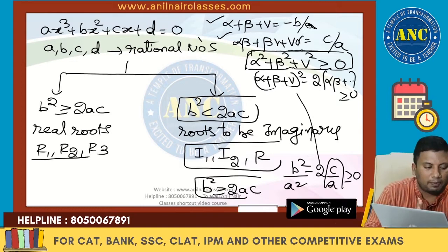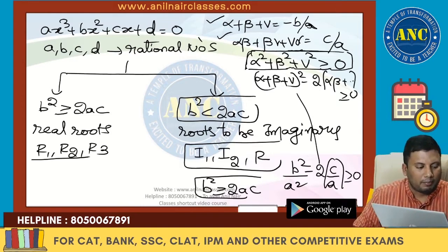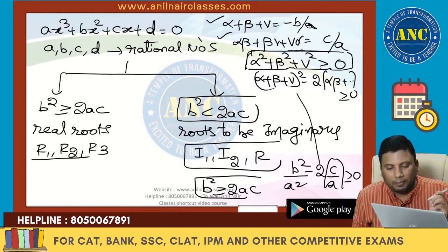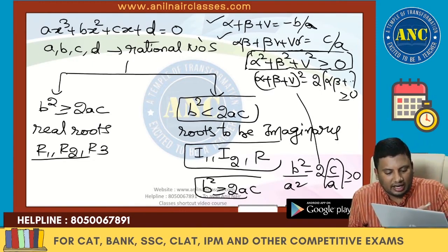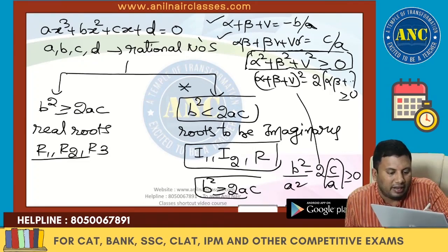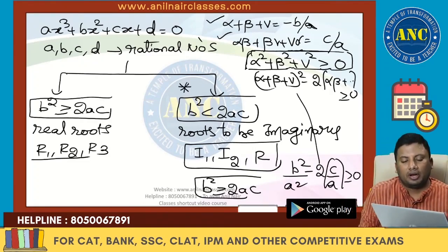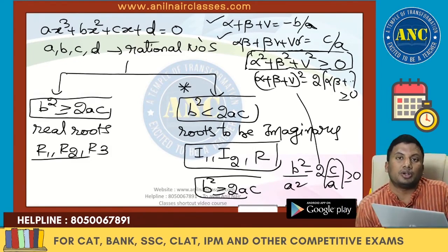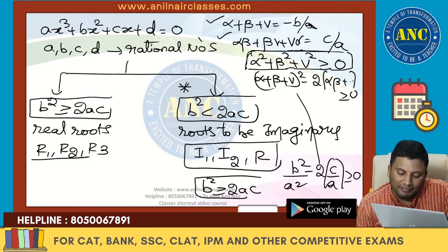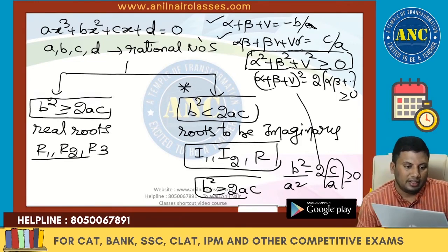That means (a plus b plus c) whole square minus 2 into (ab plus bc plus ac) is greater than or equal to 0. Very, very important point. In most of the textbooks, this point will not be there. b square less than 2ac is the condition for the roots to be imaginary in a cubic equation. I hope it is clear.